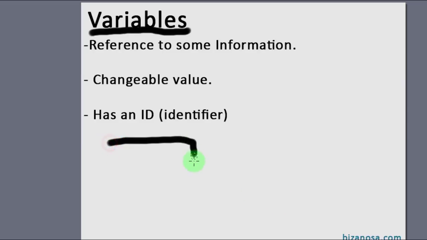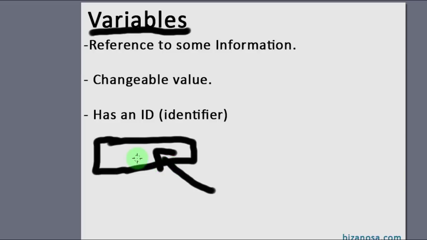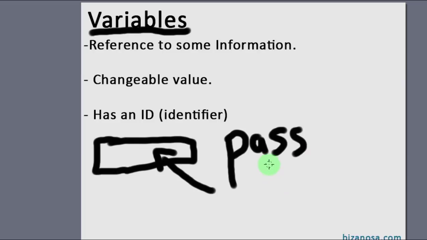For example, you have a form. So you'll need to reference all the passwords that will be input into your form. You can declare a variable called password or just pass. So every time someone puts in their password, it can be accessed using our variable.